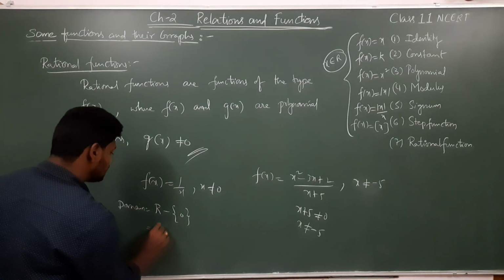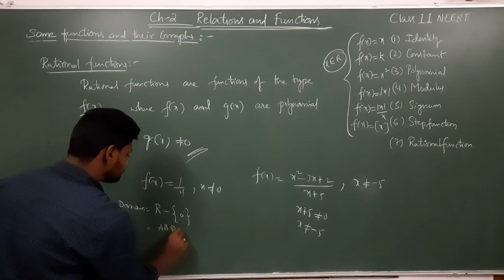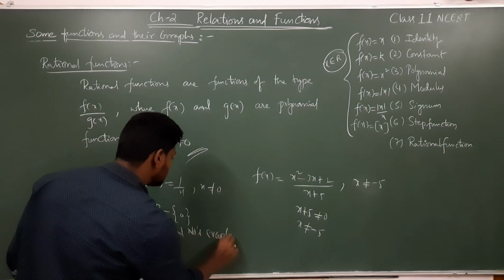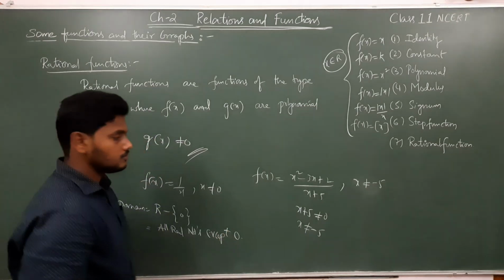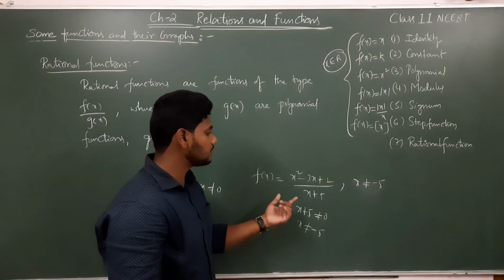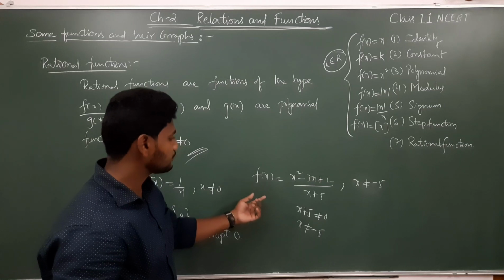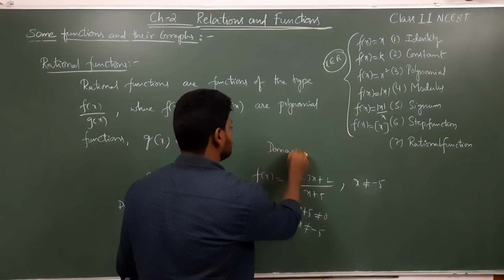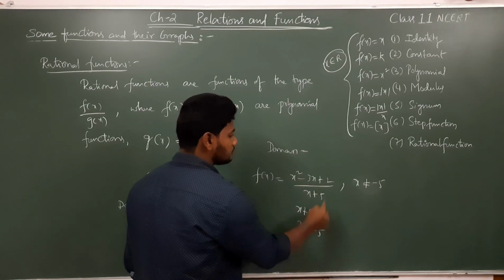That means you can also write all real numbers except 0. What about this function? It is a rational function; what is the domain of this function? The domain is all real numbers except minus 5.